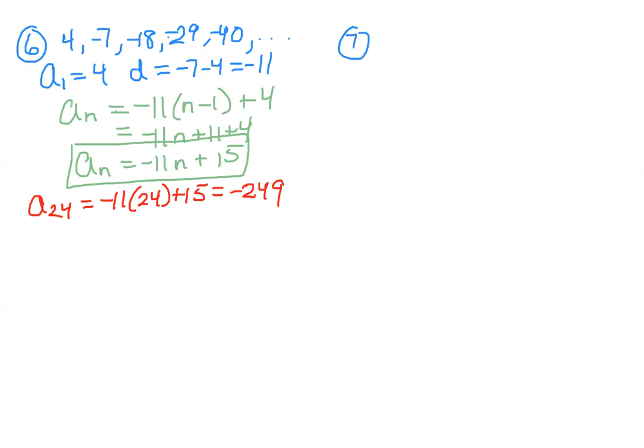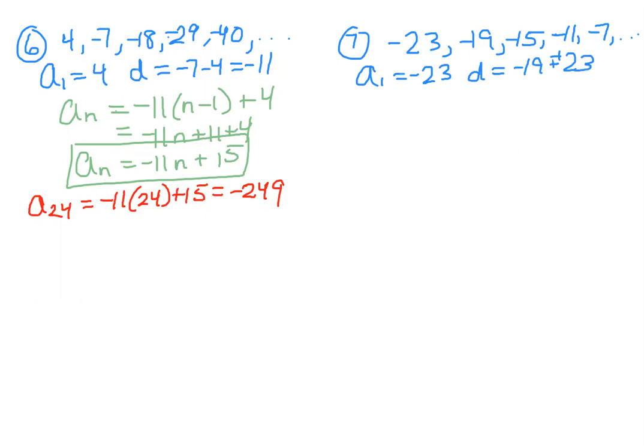All right, let's look at number 7. Remember that as you're going along, if you feel like you understand this, you can skip some of the examples. I'm going to do all of them, but you do not have to. These are your notes. So we're going to say A1 equals -23, D equals -19 minus -23, which equals 4. And then we're going to use our equation and say D times n minus 1 plus A1 and distribute.